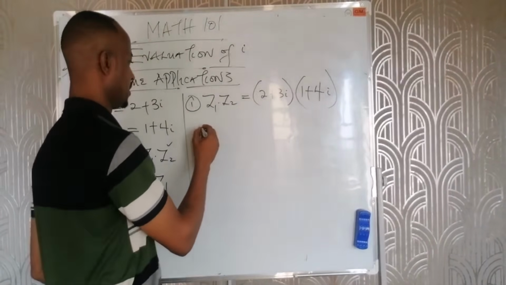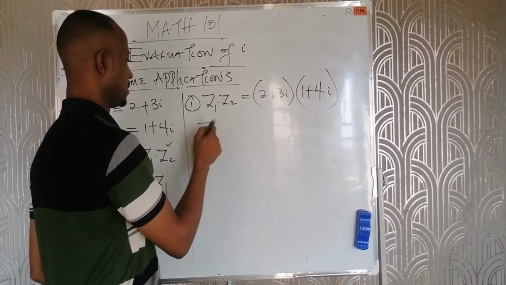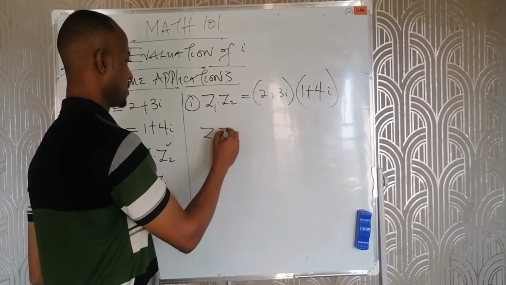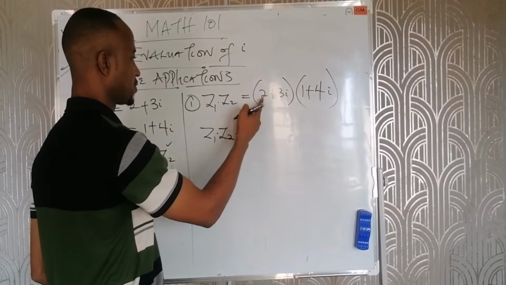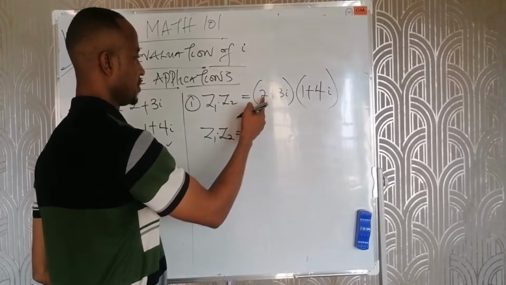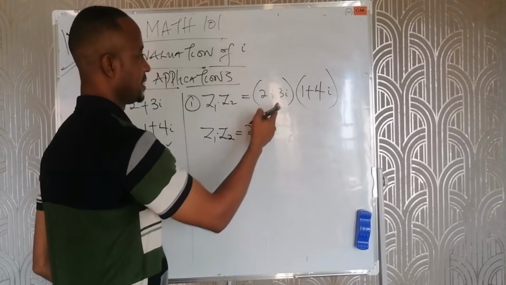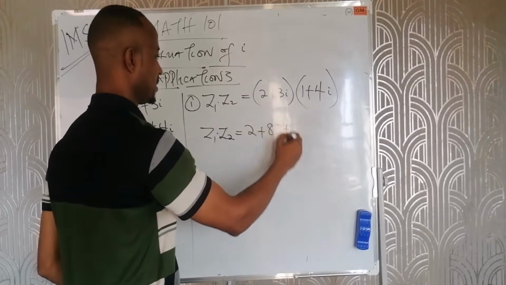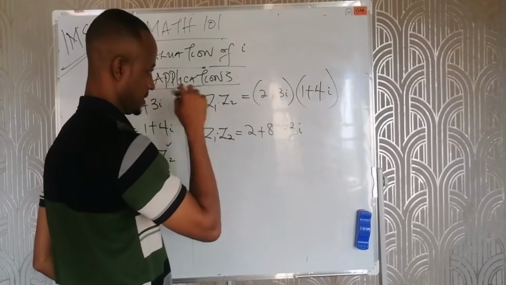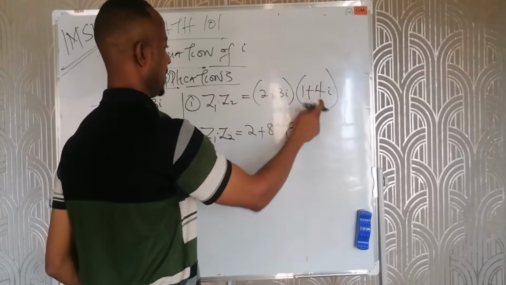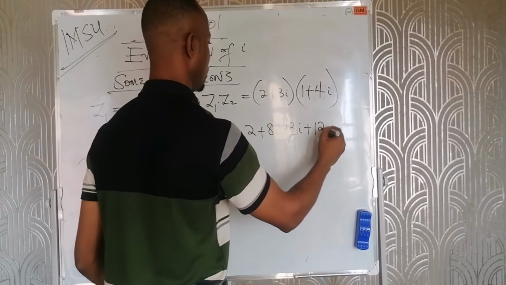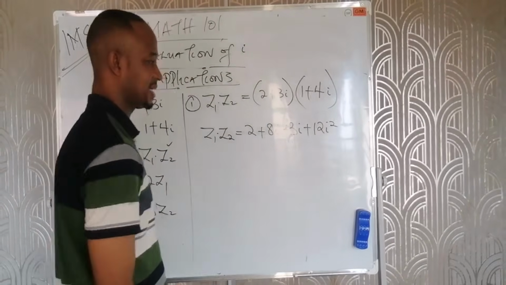So z1 times z2 will give us 2 times 1 is 2, 2 times 4i is 8i, 3i times 1 is 3i. Then 3i times 4i will give us what? 12i squared. That is how simple it is.